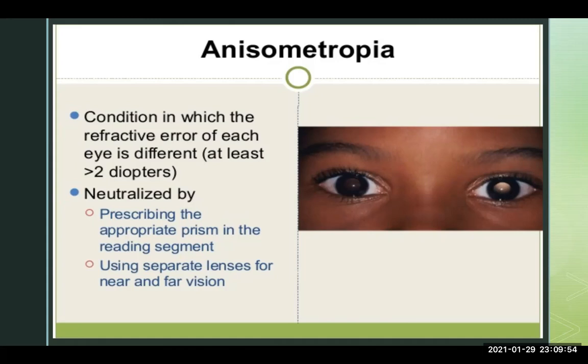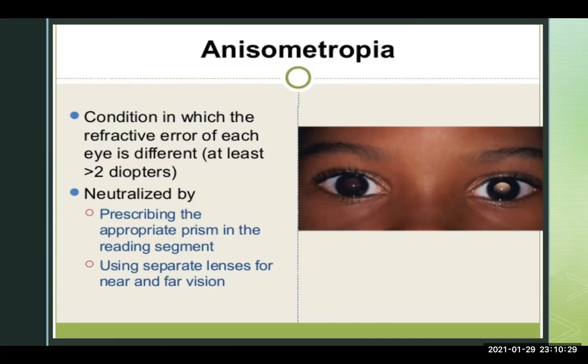It is neutralized by prescribing the appropriate prism and reading segment, using separate lenses for near and far vision if they are phakic. I will correct this problem with spectacle lenses if tolerable, especially in the axial errors. But if not working, you will prescribe a contact lens to correct this and make the errors closer to each other.